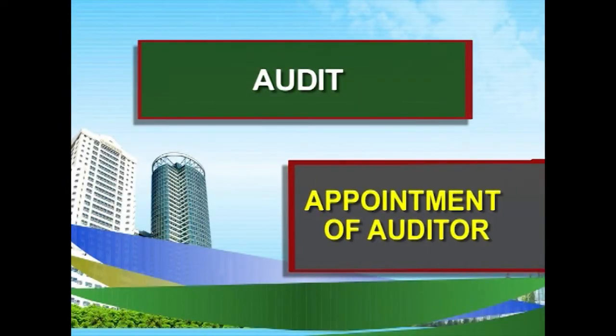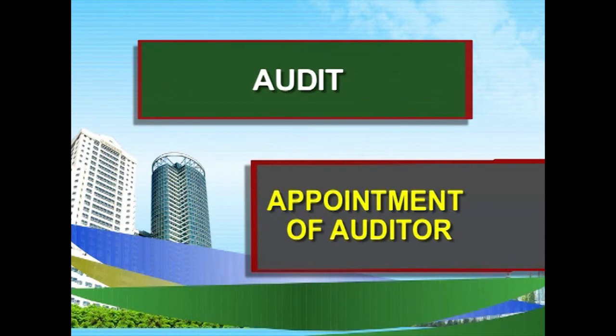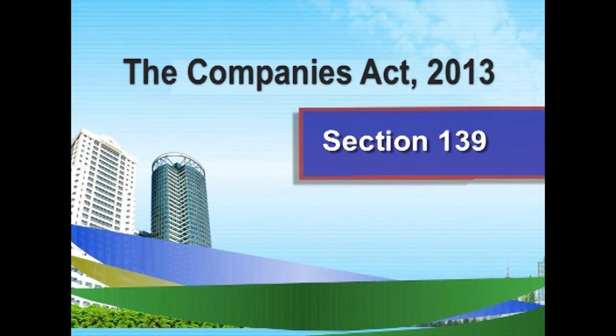Audit. Appointment of auditor. According to section 139 of the Act, every company at its first AGM has to appoint an individual or a firm as an auditor. Such appointee can hold office from the conclusion of the first AGM till the conclusion of its 6th AGM.